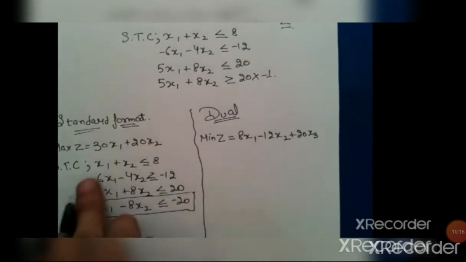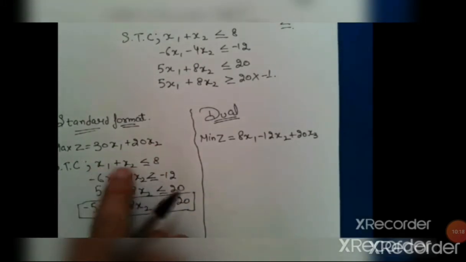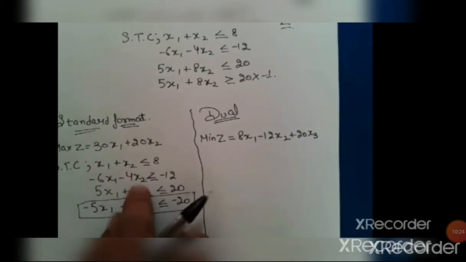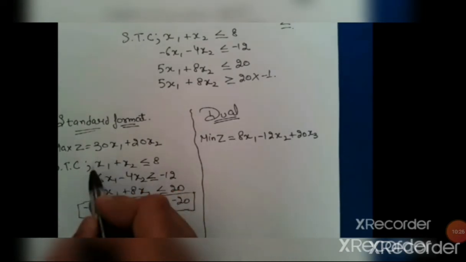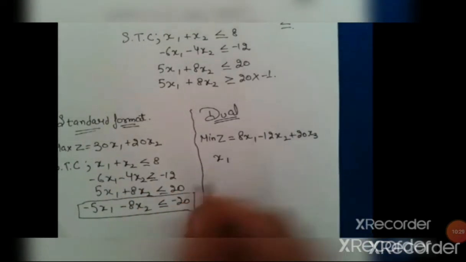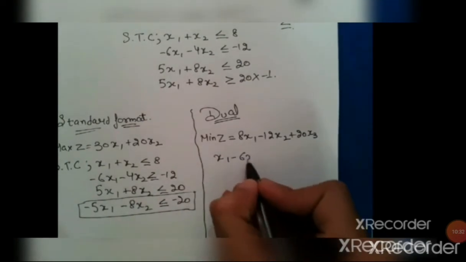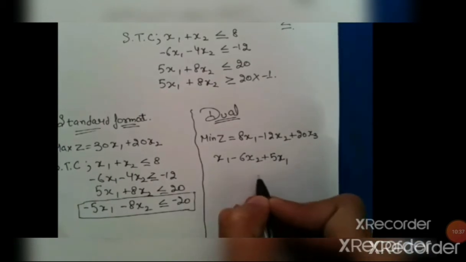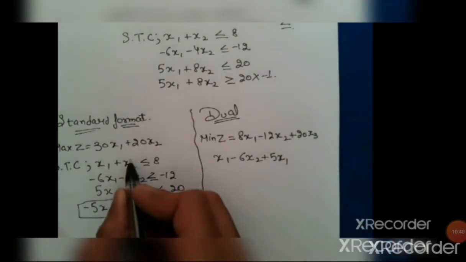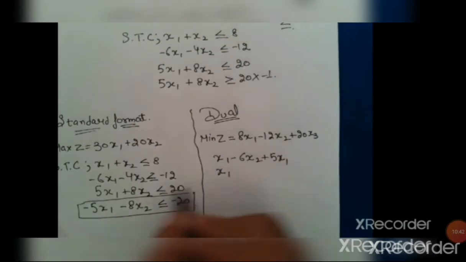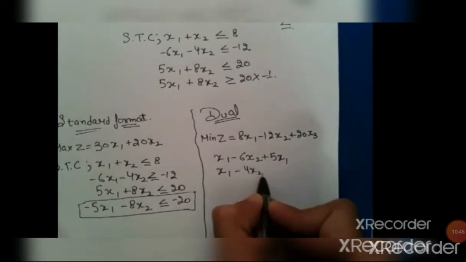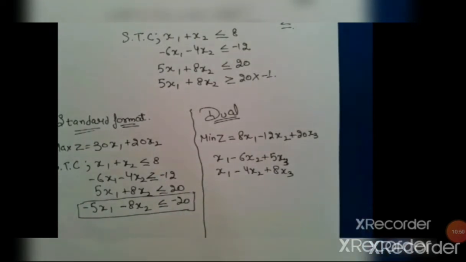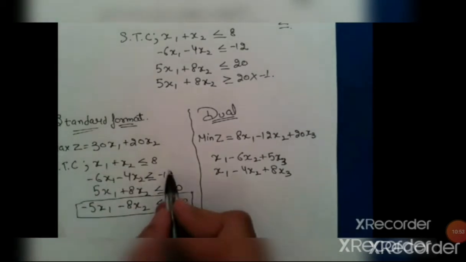And now you write down the subject to constraint: x1 minus 6x2 plus 5x3 greater than or equal to 30, as it is a minimized equation. Similarly, x1 minus 4x2 plus 8x3 and the right hand side is the objective function of the previous equation.